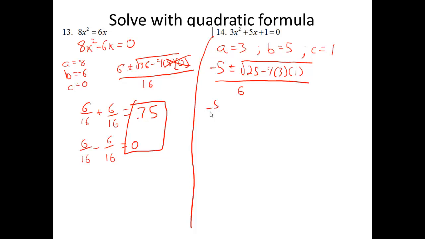So negative 5 over 6 plus the square root of 25 minus 12, which will be the square root of 13, over 6, and we have negative 5 over 6 minus the square root of 13 over 6.